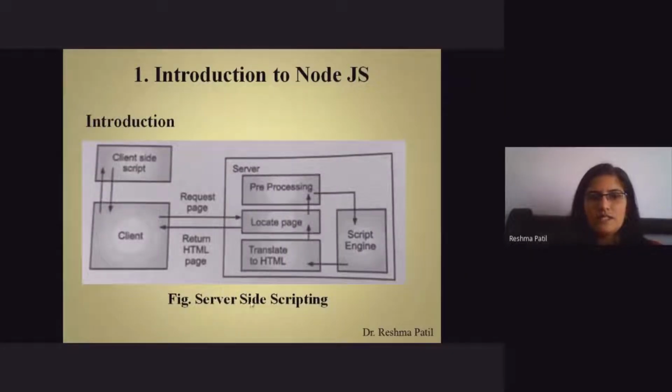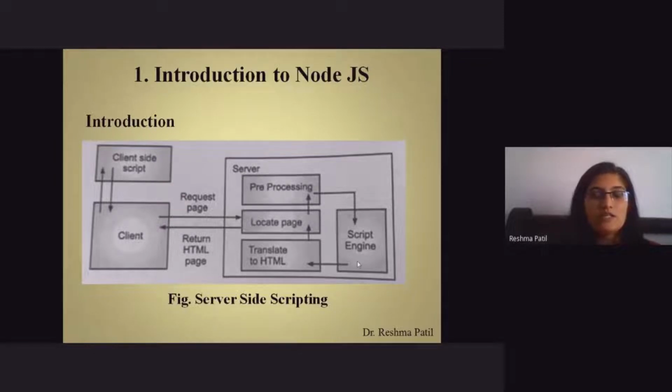This is server-side scripting, how we are fetching data from the server side. Here is a client, who will write some script to fetch data from the server. He will make a request, for example, google.com. We are writing google.com in the browser, so that page is requested from the client side. Then there is pre-processing. The server will pre-process that data and send it to the script engine.